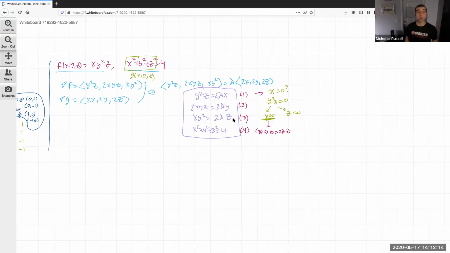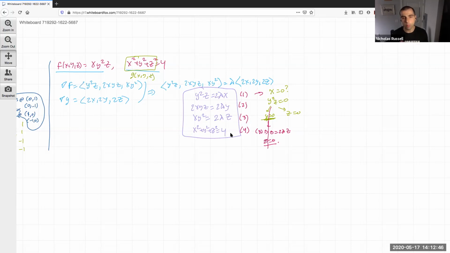And we always want to find where lambda is non-zero. Because if lambda is 0, this entire system doesn't really make sense because I need the gradients to be parallel. So we always are trying to find lambdas that are non-zero. So if I let y be equal to 0, this whole thing falls apart because this implies that z is equal to 0. And this whole equation can't happen because I would just get 0 plus 0 plus 0 equals 4, which can't happen. So this whole route can't happen.